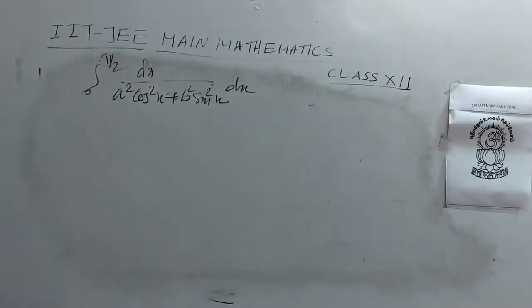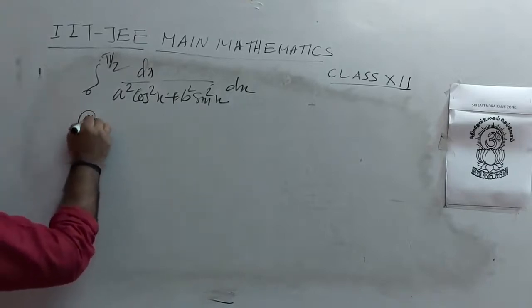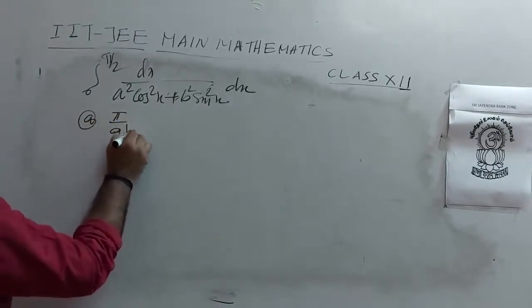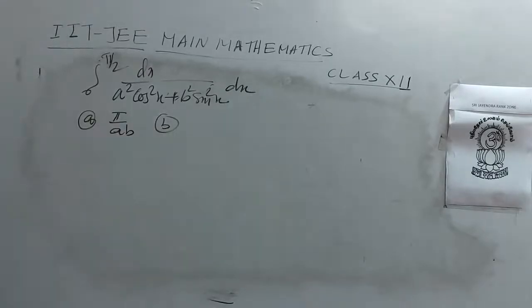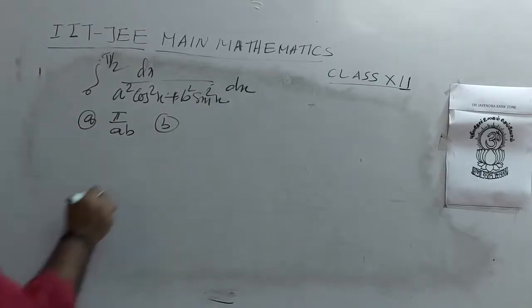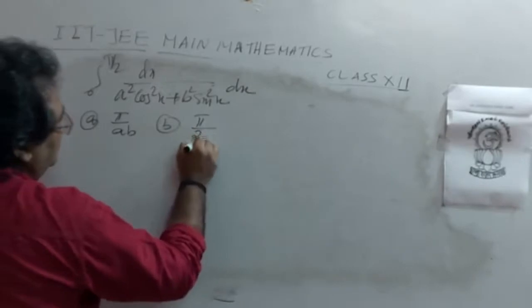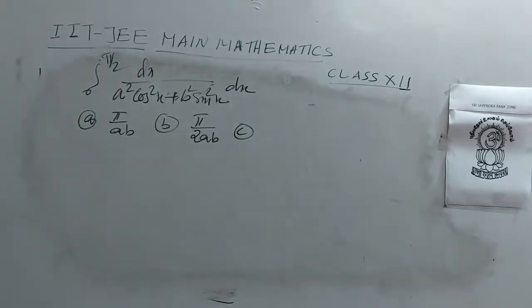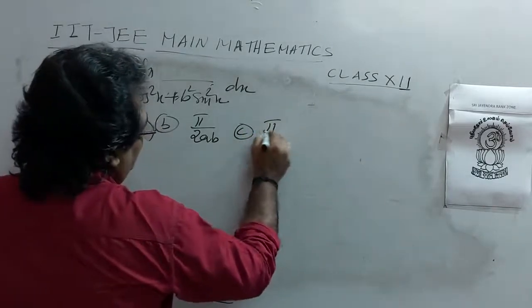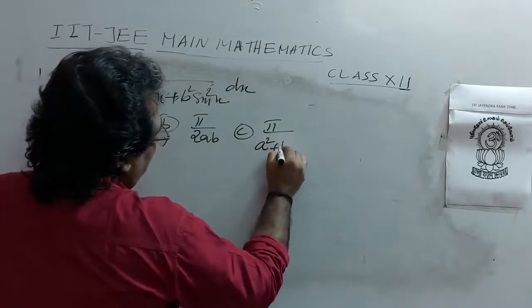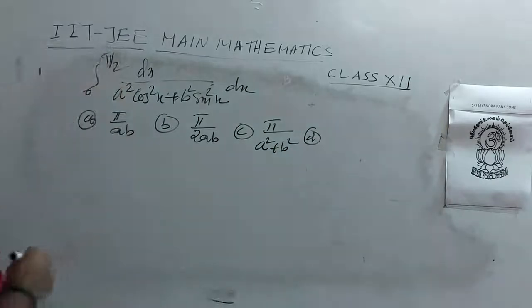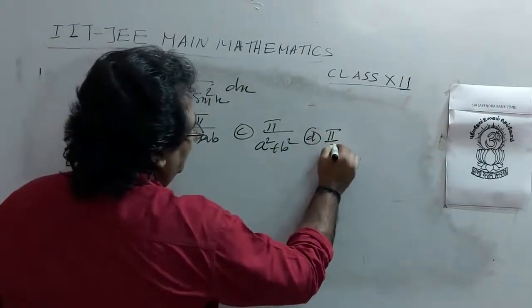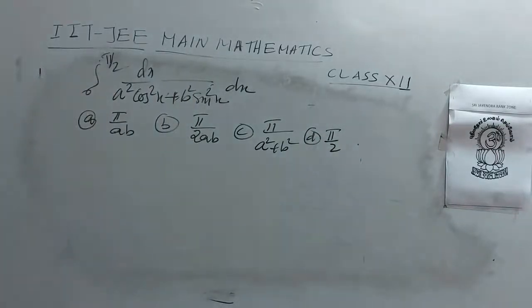Options: pi by ab, pi by 2ab, pi by a square plus b square, pi by 2.